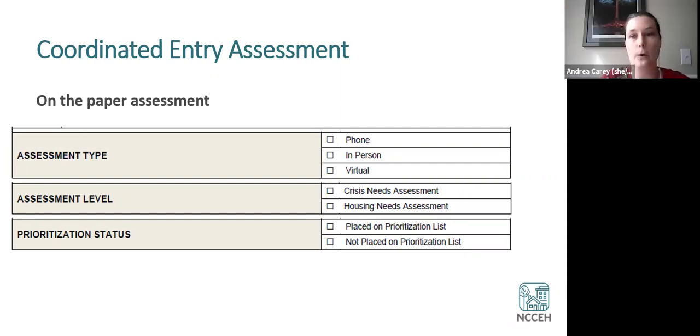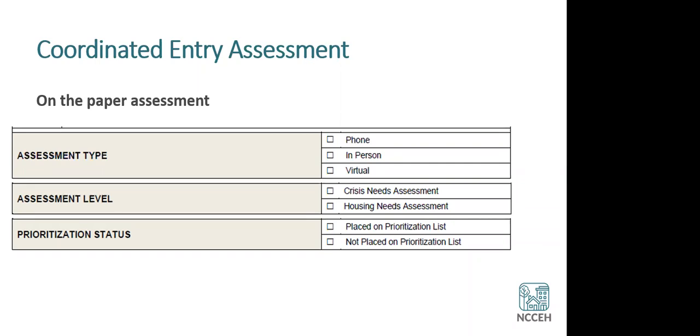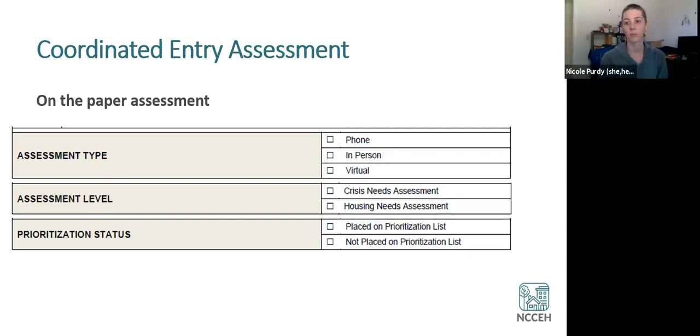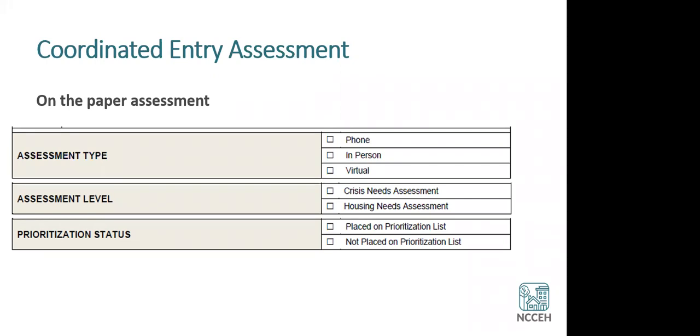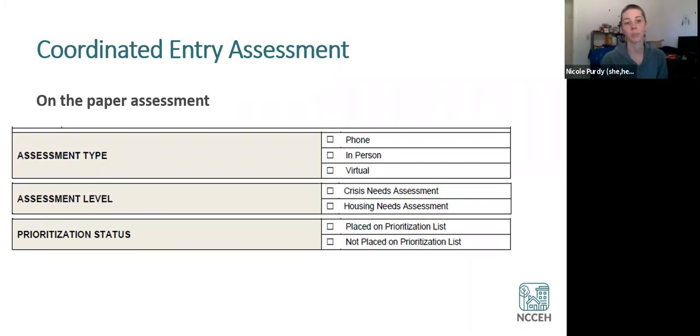And I think the key thing is who's conducting that assessment. That's who needs to record this information, right? So somebody presents and they need emergency shelter, but we don't necessarily administer that at this agency, but we're the ones that also do the coordinated entry. It would still go under housing needs assessment, correct?